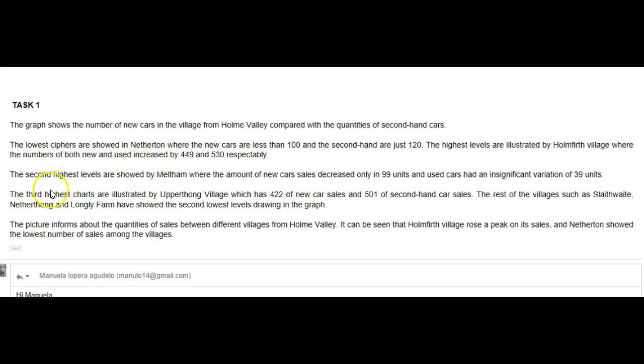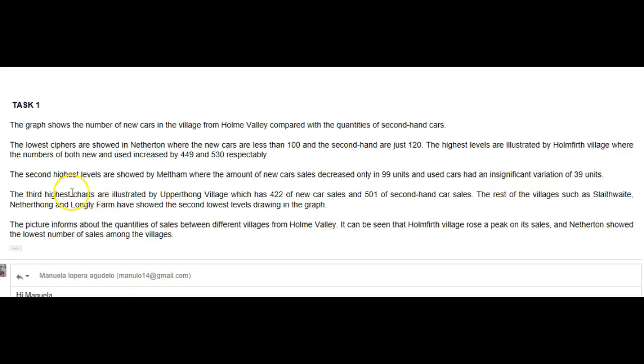"The second highest levels are showed by Meltham, where the amount of new car sales, again, not decreased. The new car sales was only 99 units, and used cars had an insignificant variation of 39 units." Again, there is no variation here. It's just the figure that occurred at that time.